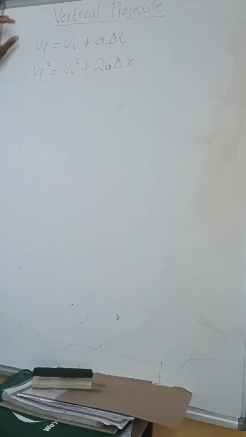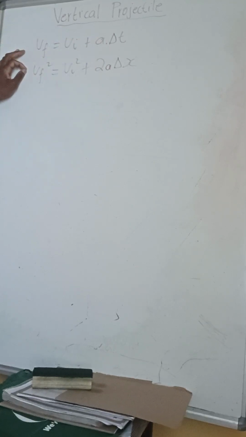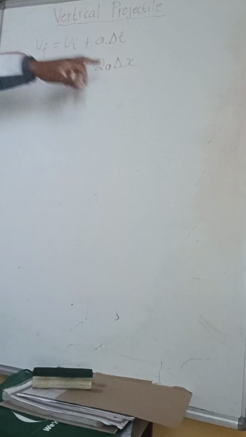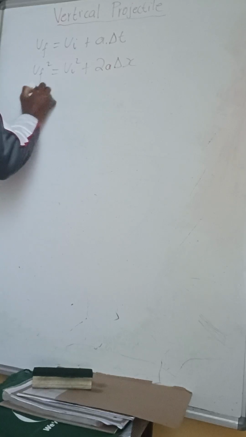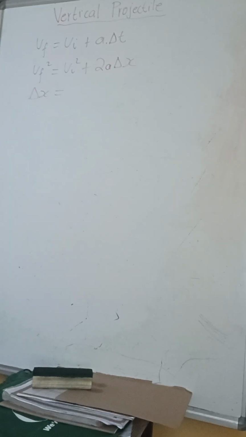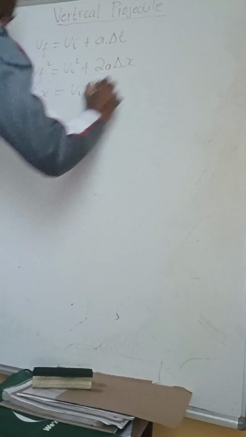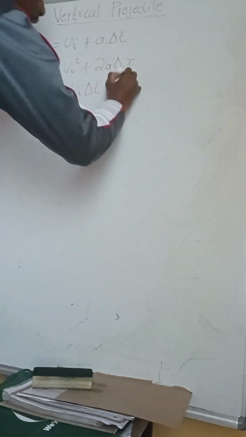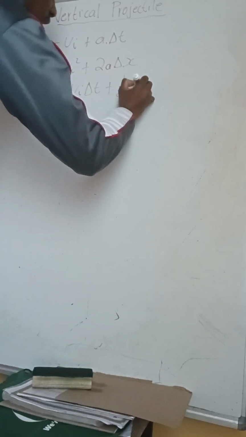So the first formula is different from the second one because the first one has time, the second one does not have time. So it has the displacement. That is the second formula. And the third one is delta x is equal to Vi delta t plus half A delta t squared.